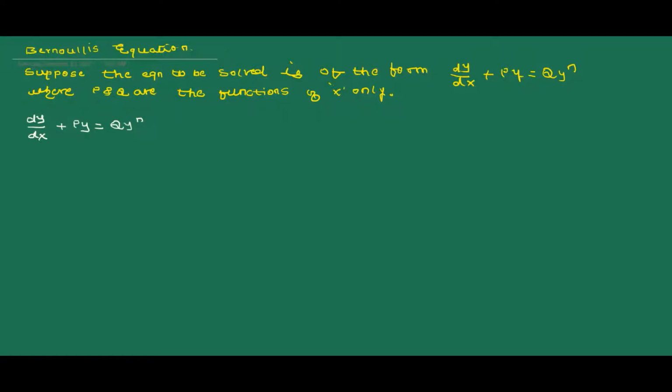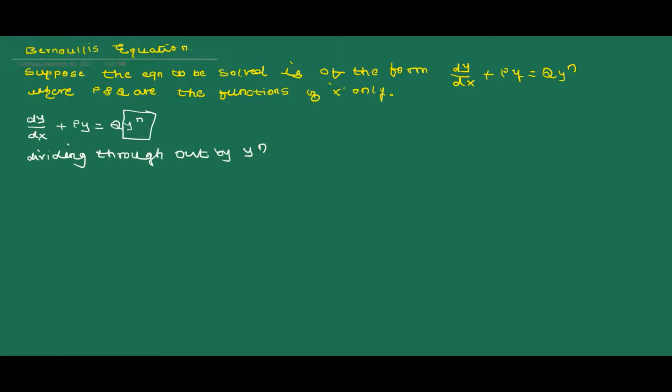So now dividing throughout by this y raised to n, the right hand side term is y raised to n, so dividing throughout by y raised to n.